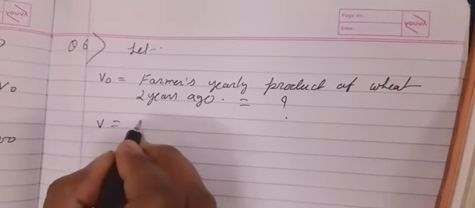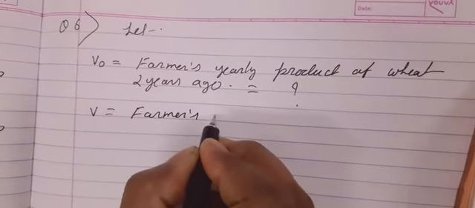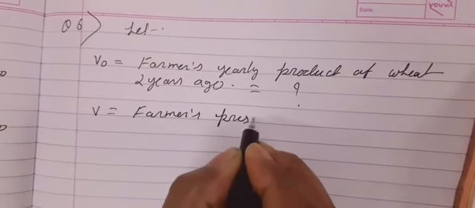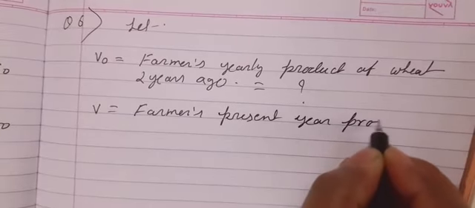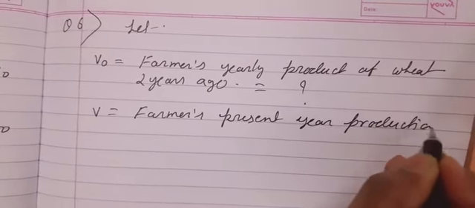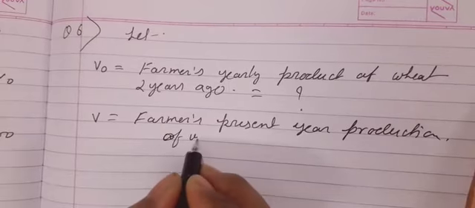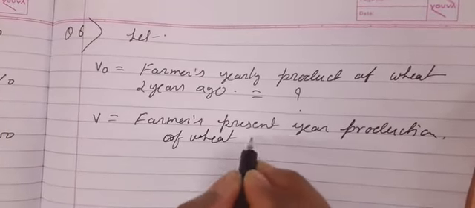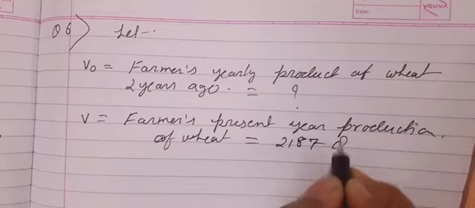And V is the farmer's present year production of wheat, which is given, 2187 quintals.